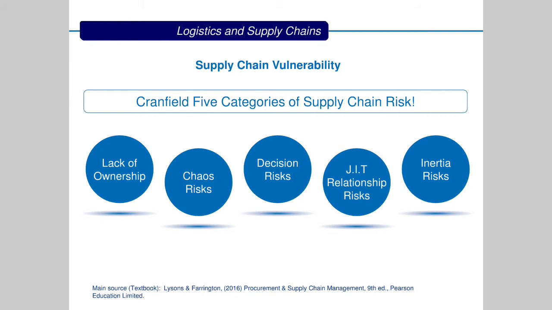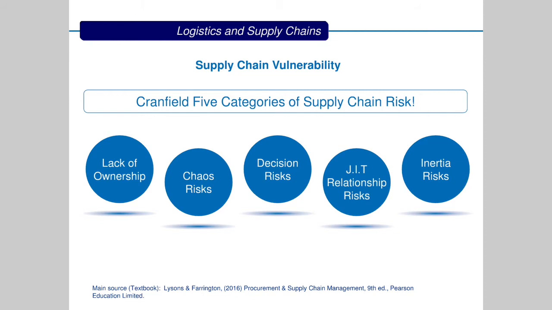Decision risks: when organizations are unable to take decisions on time, and there is a lack of quality of information, then decision risks may affect supply chains. JIT relationship risk; JIT you'll study in the fourth task. That is just in time. It's one type of inventory management philosophy which goes against the philosophy of building inventories.